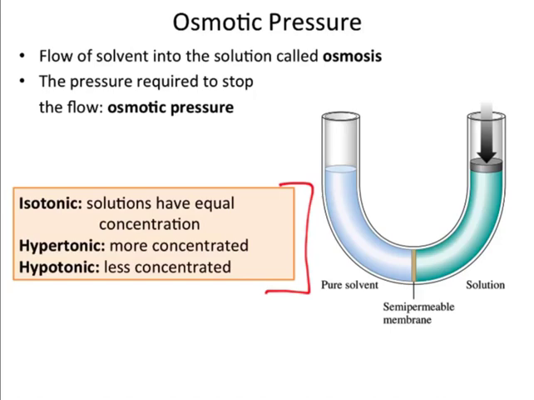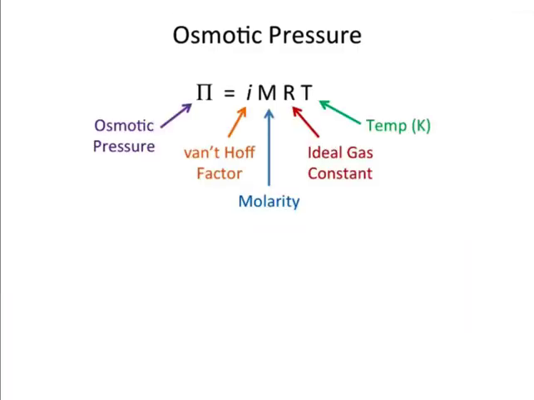If it's hypertonic, it means your solution is more concentrated than whatever it's put up against. And if it's hypotonic, it means it's less concentrated. Now, what's the effect of this? Let's show that in a minute, sorry. First, we got to do the equation, then I'll show you the effect.